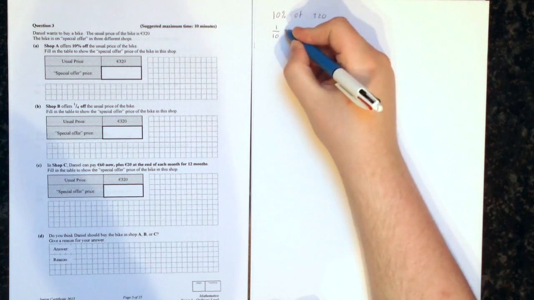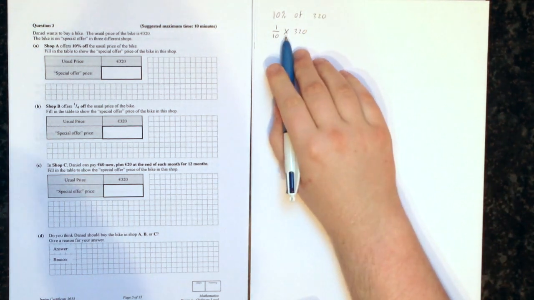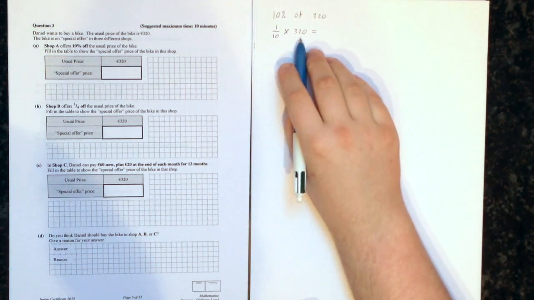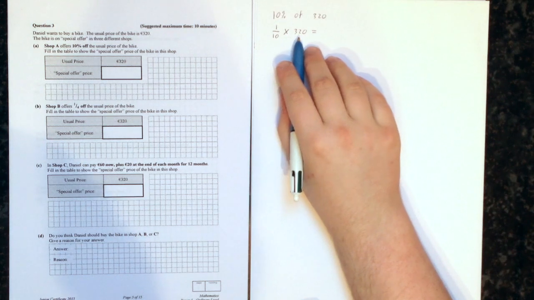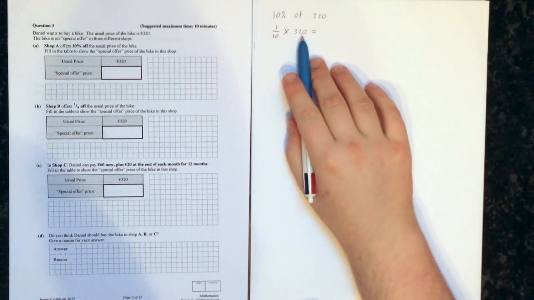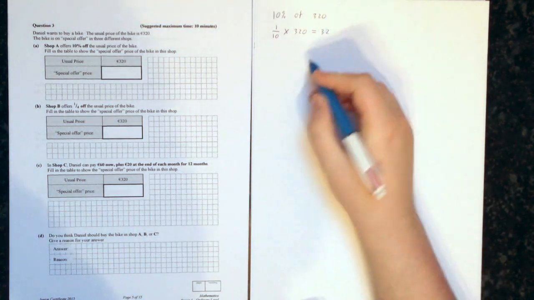So 10% of 320. So of just means multiply. 10% of 320, that's 320 multiplied by 1 over 10, which is the same as 320 divided by 10. So that's equal to 32.